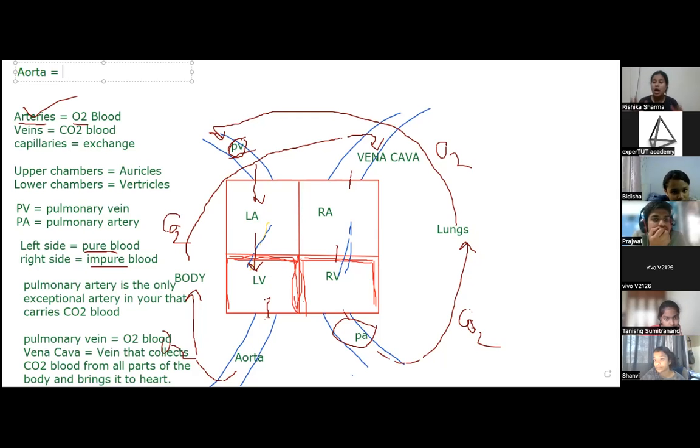Aorta is a very big artery that carries oxygenated blood and delivers it to every cell and tissue of your body. Aorta further splits into fine branches. That is a different thing. But aorta is the largest, first thing you write, largest artery of the body.